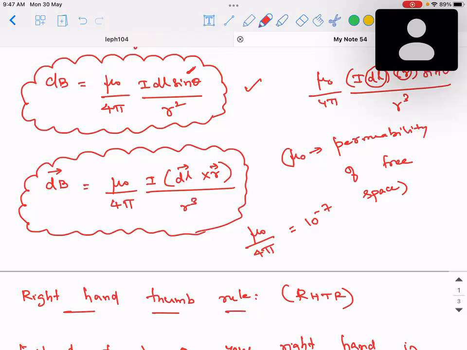So mu naught by 4 pi. Magnetic field is measured in Tesla. Remaining things you know. So it is Tesla meter per ampere. Is it clear?